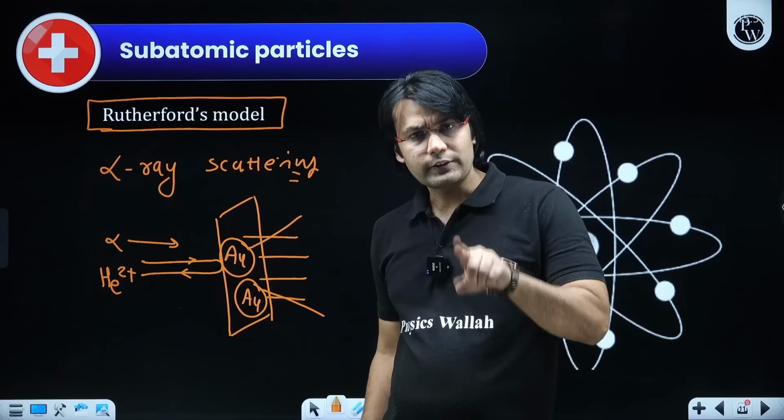The wavelength of the electromagnetic radiation emitted by the transmitter is, so it's a very direct question. Frequency is given, the speed of light is given as 3 into 10 to the power 8, and we have to calculate the wavelength.